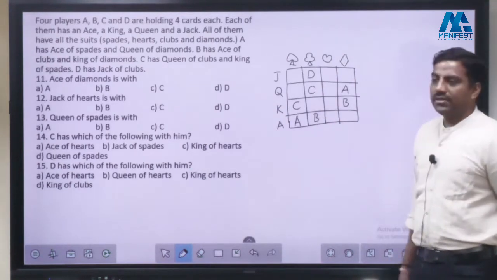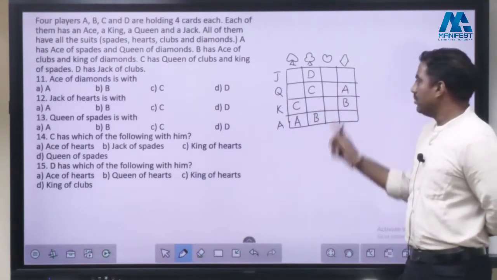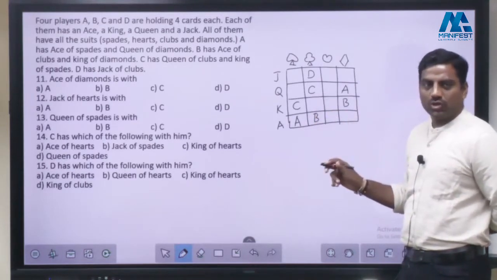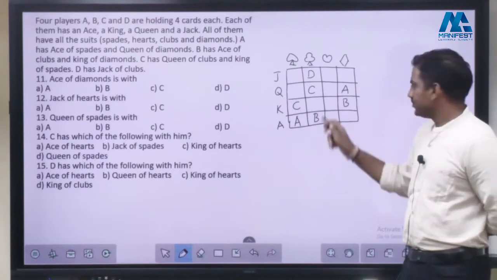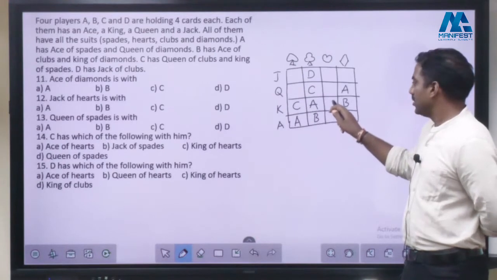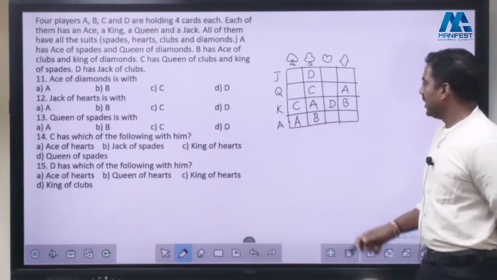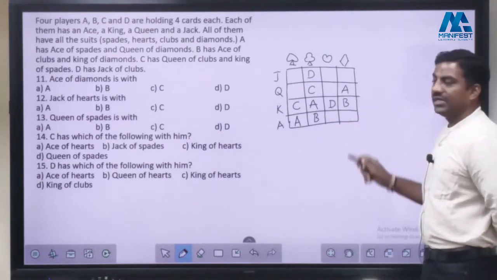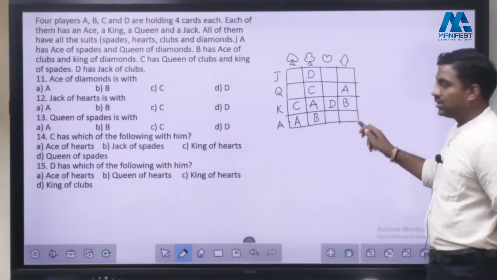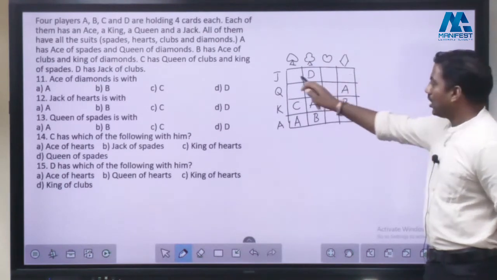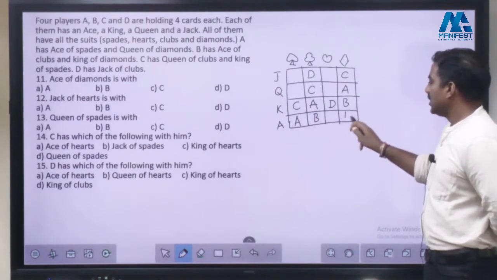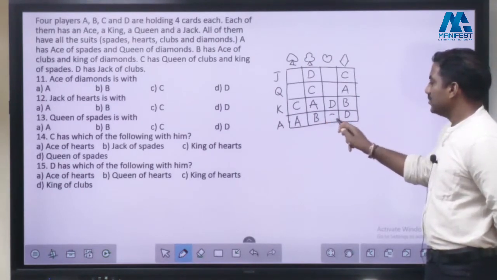Look here, in this column 3 are filled: B, C, D. So what should come here? A should come here, yes or no? Now here A, B, C. What should come here? Now see, here AB is there, here AB is there. In this line or column, C and D has to come. If I put D here, this will be wrong because 2 D's will come here. This is C, so this is D. A, B, D is here.